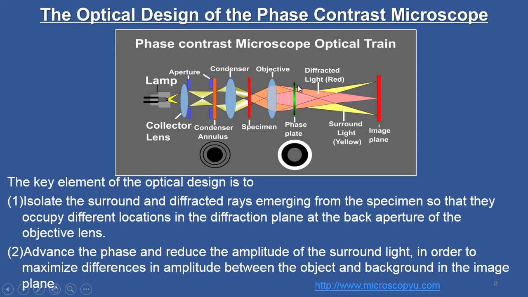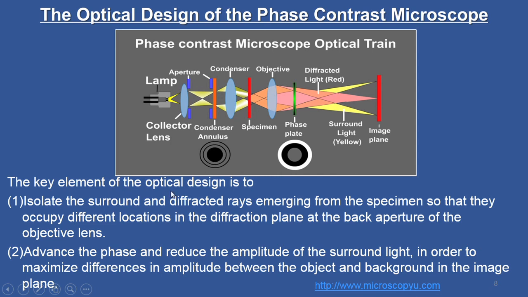The phase plate is going to again alter the incoming or outgoing rays. We will see what the phase plate does in much more detail. You have the rays coming out, the surround light as well as the diffracted light, and finally you see the image plane.